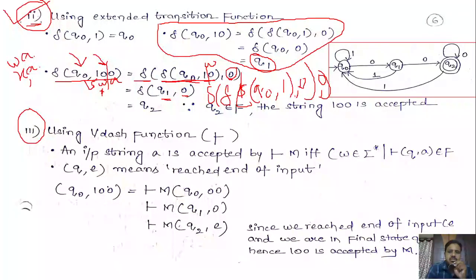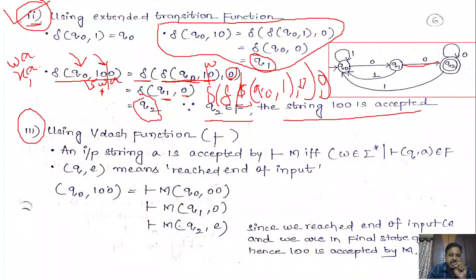Check the state transition diagram: q1 on 0 goes to q2. Since q2 belongs to the final states, the string 100 is accepted. So what you need to do is write down the state transitions in the form of this delta.